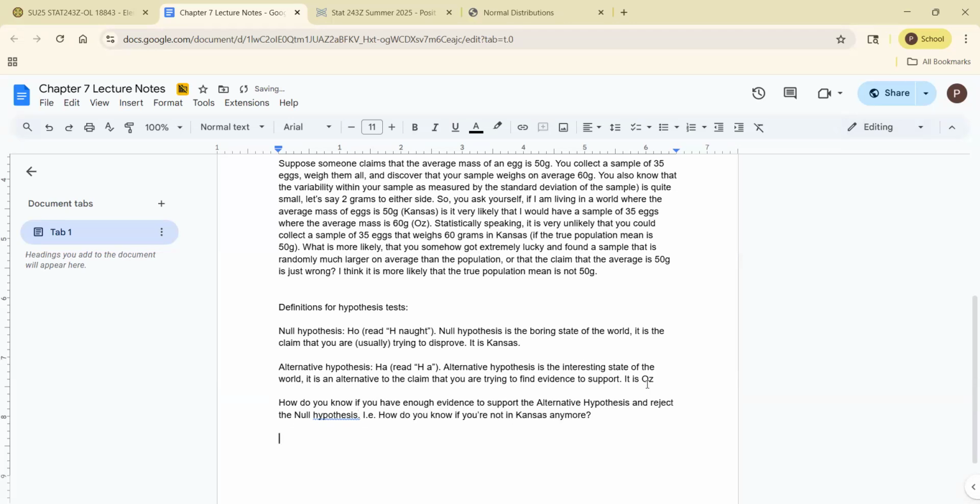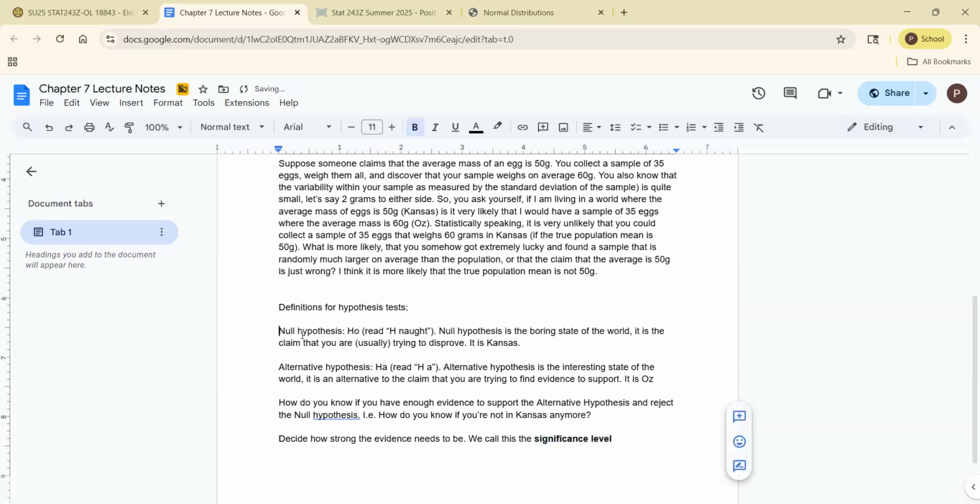Well, first off, you have to decide how strong the evidence needs to be. Is it ruby slippers, or a golden road, or flowers? Right? How strong does that evidence need to be? We call this the significance level.